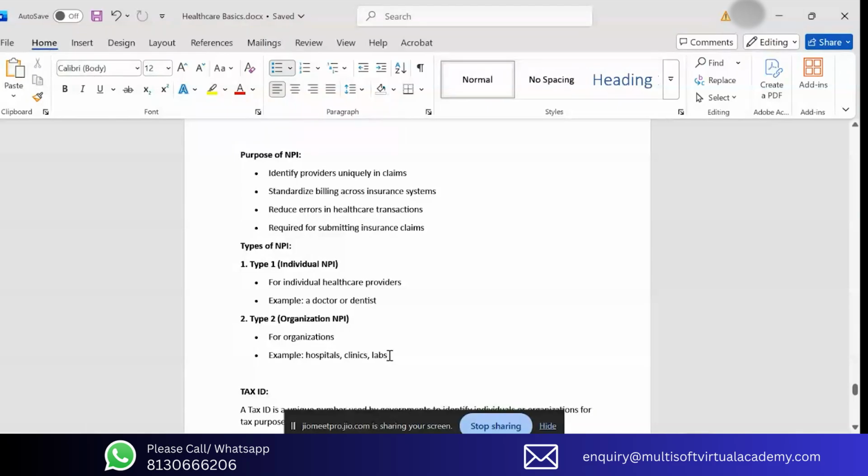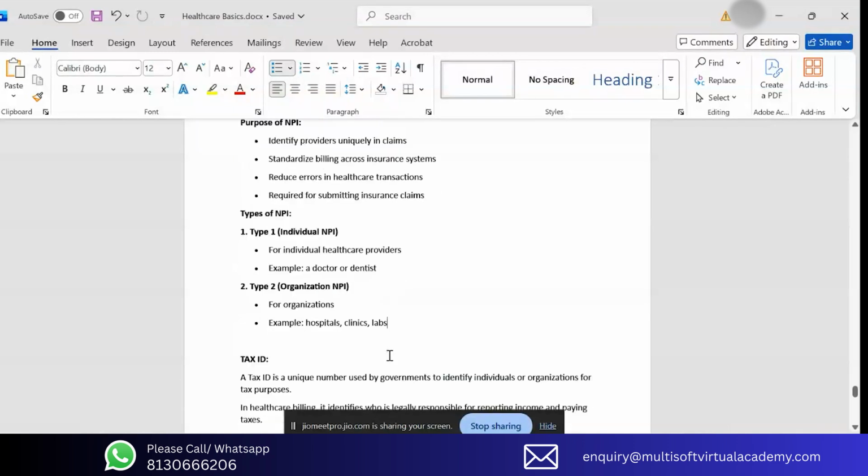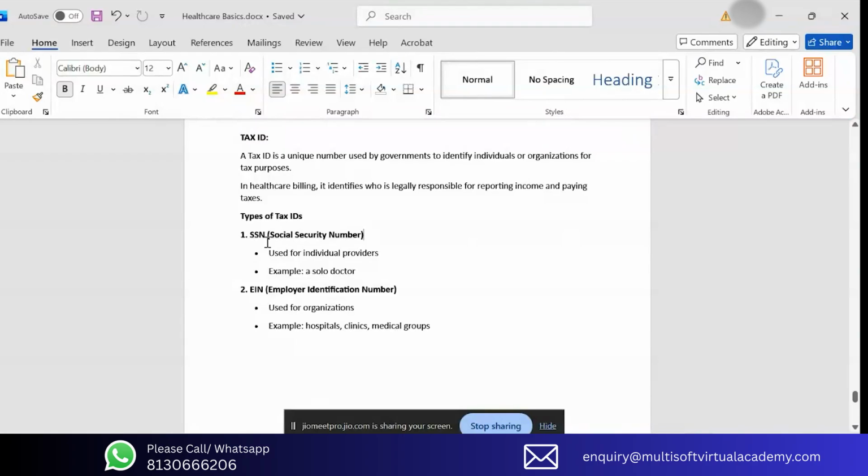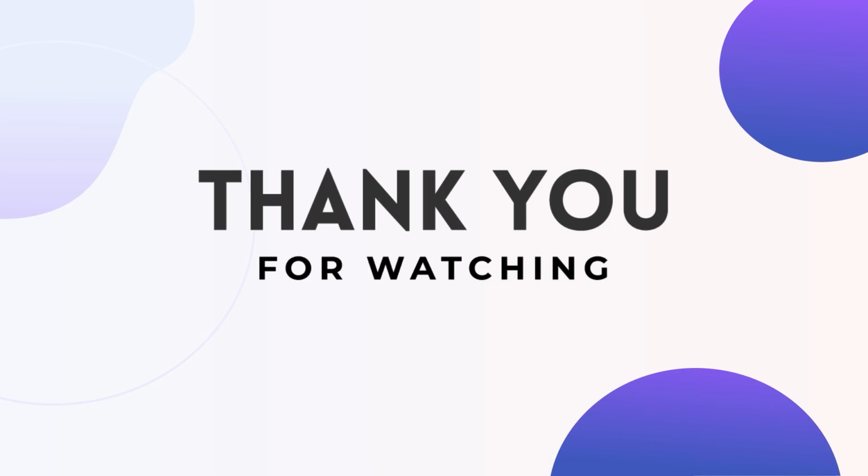It is not that only individuals should have an NPI number; organizations do have NPIs. As for tax ID types, they are social security number and employer identification number. So SSN is for individuals, and EIN or TIN, we call it.